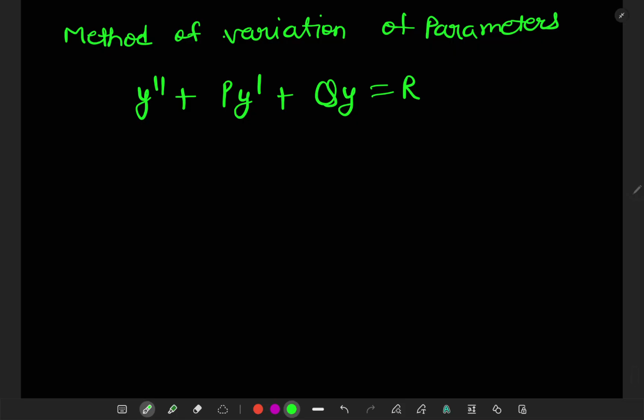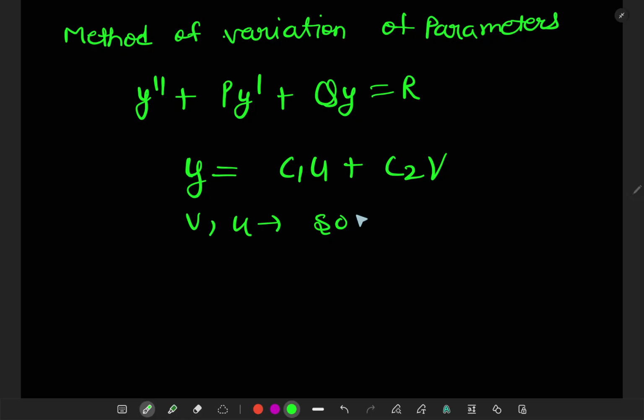In this method we use this equation. Here u and v are the solutions of the corresponding homogeneous equation.